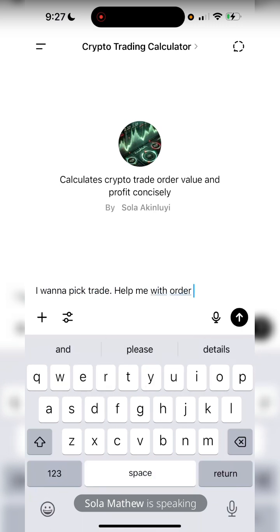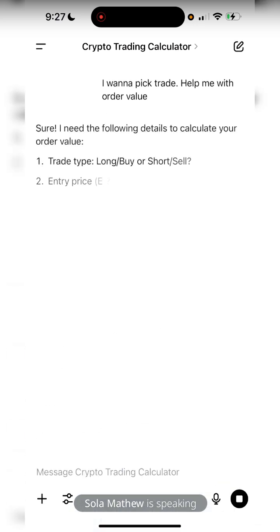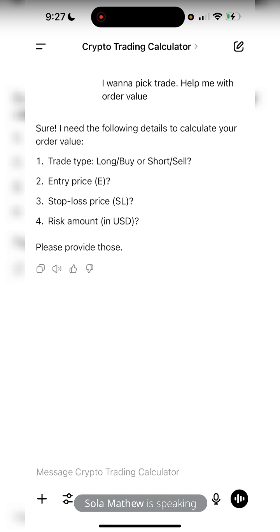Let's see if it will work now. So it says, sure, I need the following details to calculate your order value: type, long, buy, or short, sell; entry point, stop loss, and the risk you are willing to take.